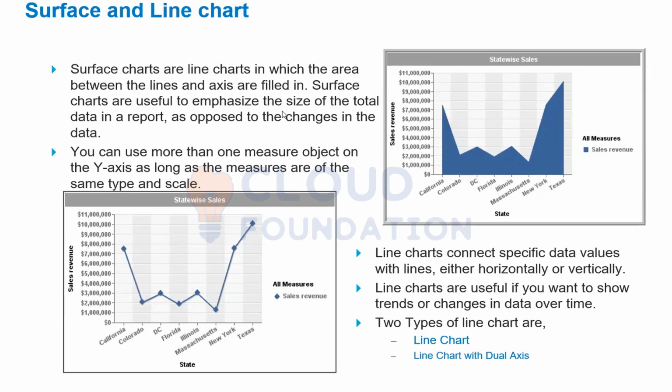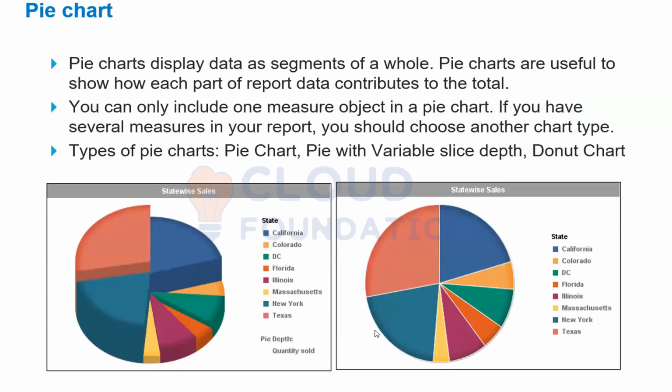Surface charts are useful to emphasize the size of total data in a report as opposed to changes in the data. So if the size matters, we can use surface charts. If the change, how it is changing, matters, we can use the line chart.